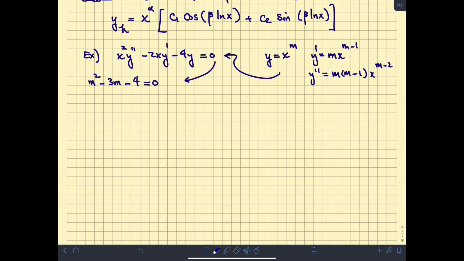You should do this at least once or twice to see how you could derive these if you don't want to memorize them. Then you will solve this quadratic equation. You'll get 2 roots: M1 is minus 1 and M2 is 4. And since I have distinct real roots, I could simply write the homogeneous solution as C1 x to the power of the first root plus C2 x to the power of the second root.